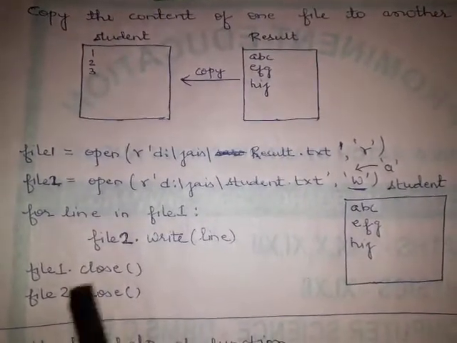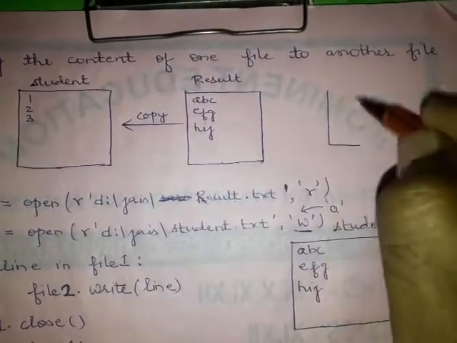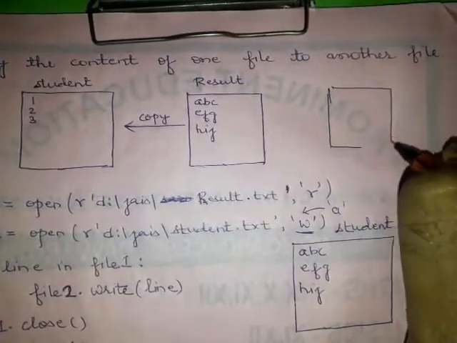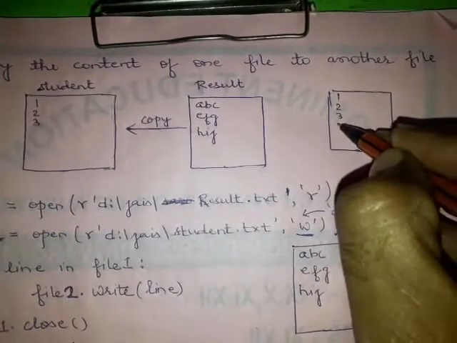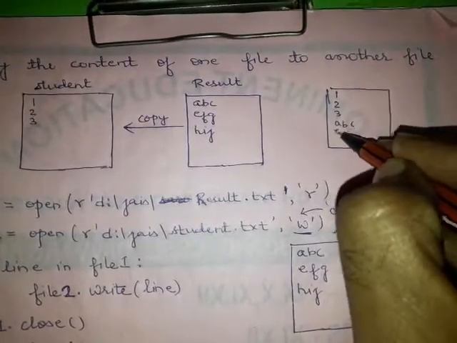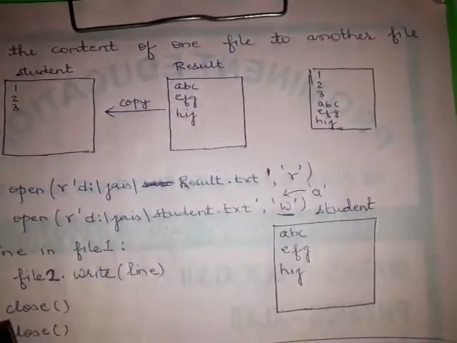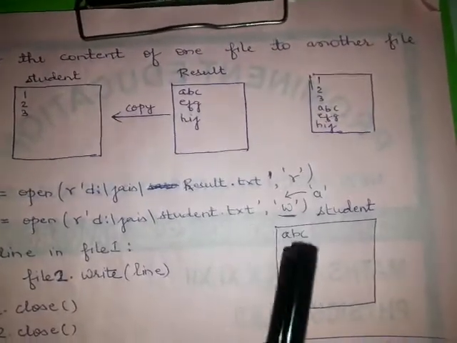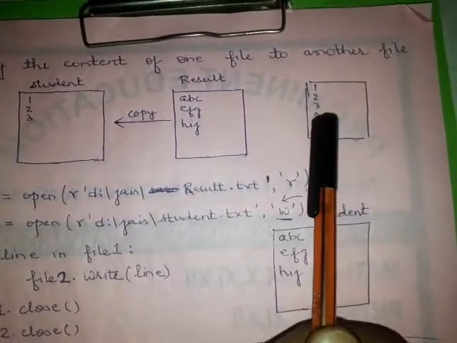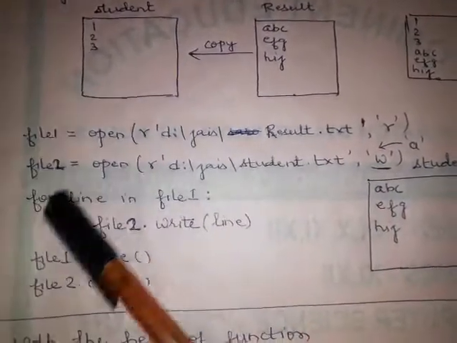So the previous content of the file will be there, and the content will be like this: 1, 2, 3, A, B, C, E, F, G, H, I, J. But if you run this program again, the content will be A, B, C, E, F, G, H, I, J, then again A, B, C, E, F, G, H, I, J. It will be written twice.